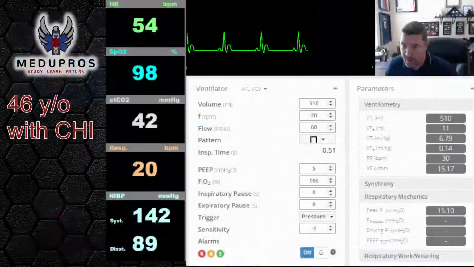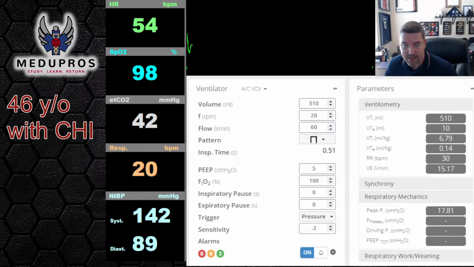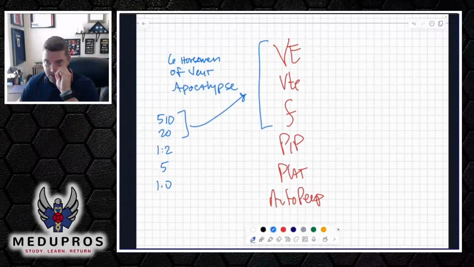This data right here that we get over here is what's being measured right now. These are the settings. That doesn't mean they're getting these settings exactly. We have to go back and make sure that they are. So that's where we come back to these 6 horsemen of the ventilator apocalypse.